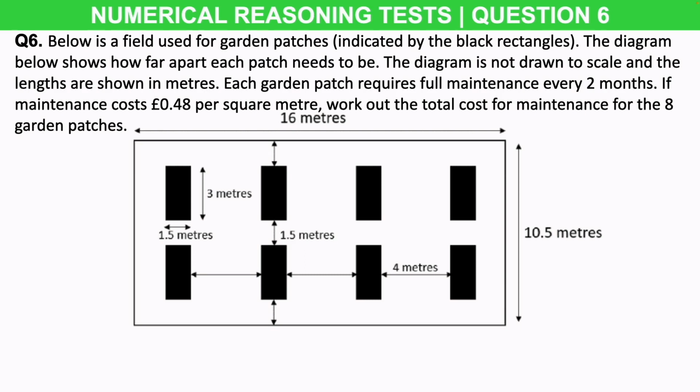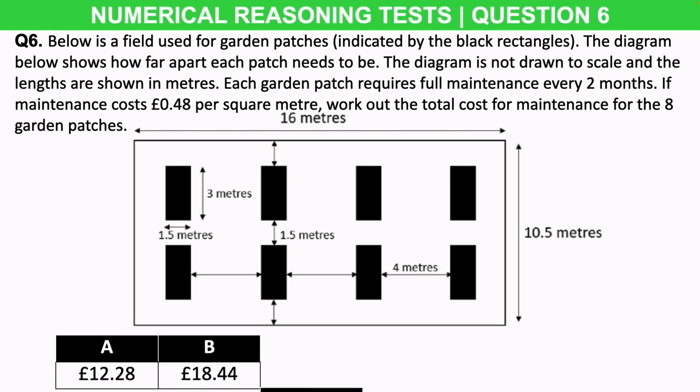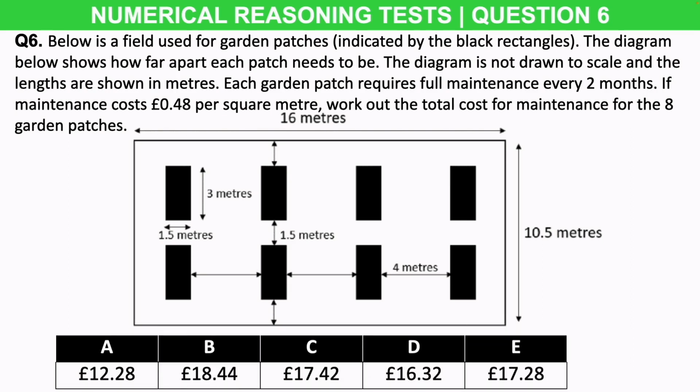If maintenance costs 48p per square meter, work out the total cost for maintenance for the 8 garden patches. Here are your answer options: A, B, C, D, and E. Now, when answering this question, remember the answer from the question before. This will make answering this question a breeze. Give it a go and let me know how you got on in the comment section below. You have 20 seconds starting now.